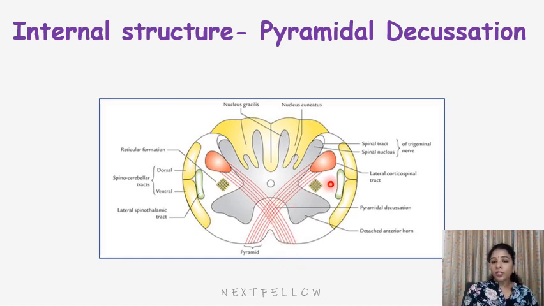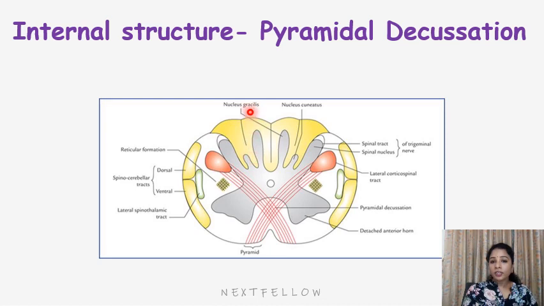And because of these fibers crossing over, the gray matter here is similar to the spinal cord, having central gray matter and peripheral white matter. The gray matter is separated into an anterior detached part. This is the detached anterior horn from the central gray matter, and we can see the central canal.